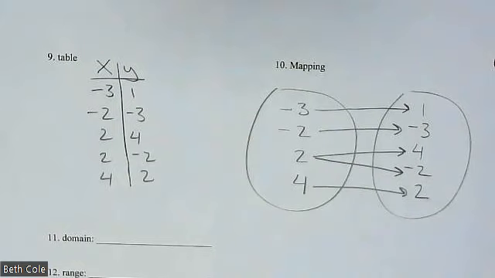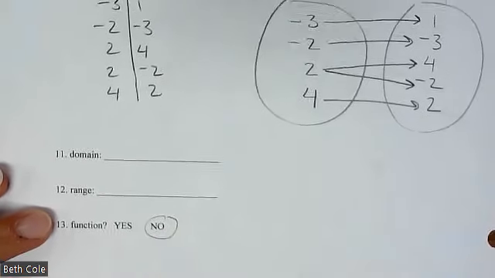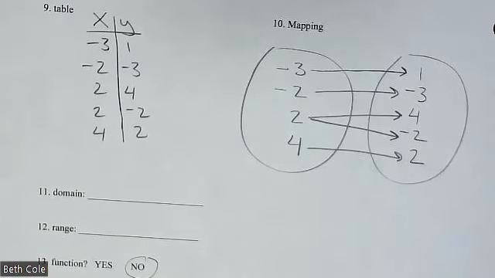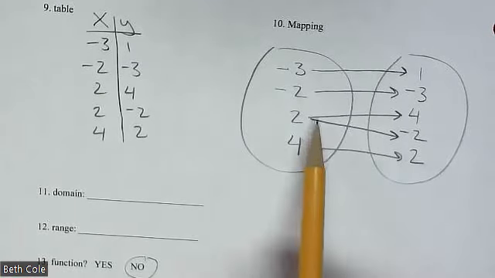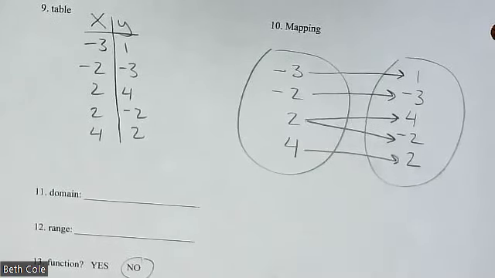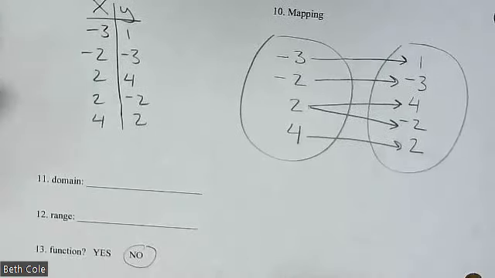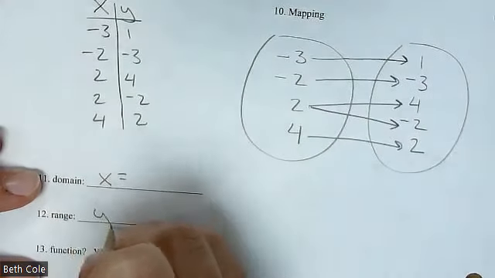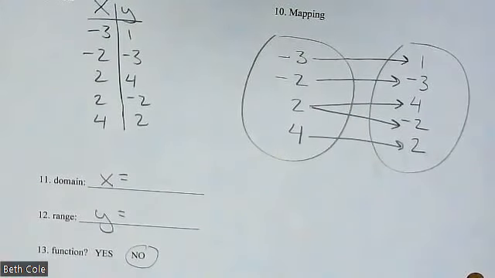Now, I heard somebody already say this is not a function, and that's correct. Why? Because the 2 repeats. It has 2 arrows coming off of it. All right, domain is X equals, range is Y equals. If you don't draw the swirly bracket thing with the X and the bar, as long as you have an X equals and a Y equals, I'm happy.